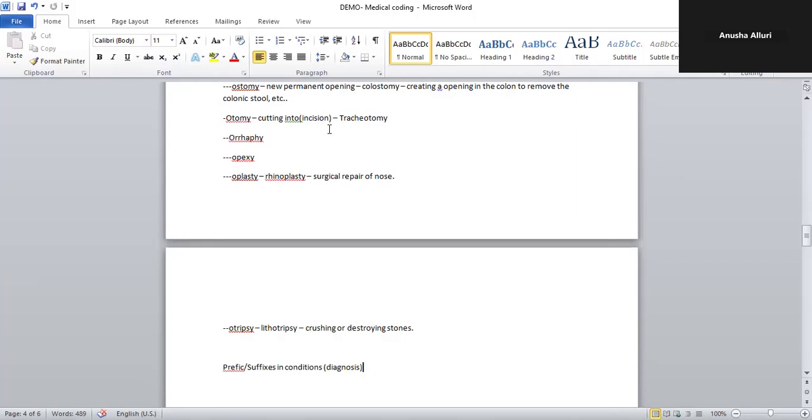Coronal means a vertical body plane that divides the body into front and back, anterior and posterior. That's it. We have to get thorough knowledge of all these prefixes and suffixes. They are at the start of the CPT book.